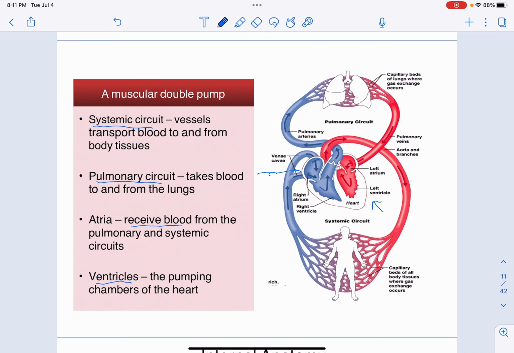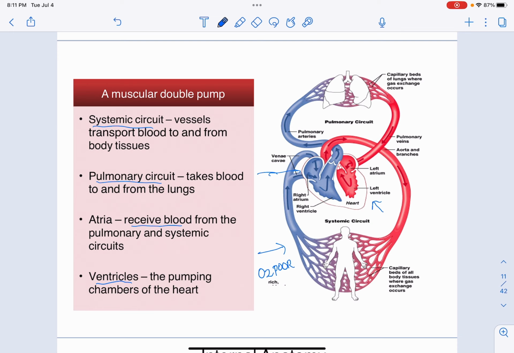So all of the organs, all of the tissues, and I'm going to start on this side. There's no better place to start. After all of the tissues, everywhere in our body, has utilized the blood, it needs to make its way back to the heart because it has been depleted of oxygen. So we're going to call it oxygen poor blood.